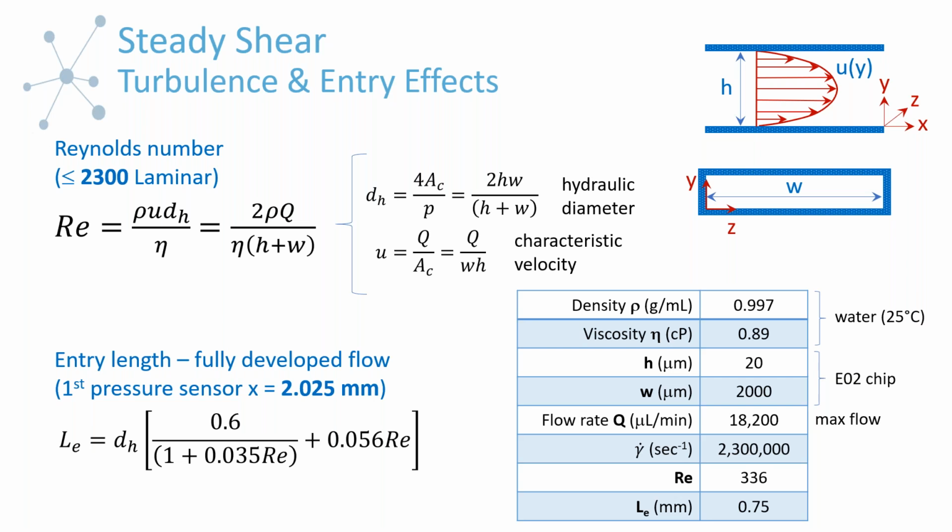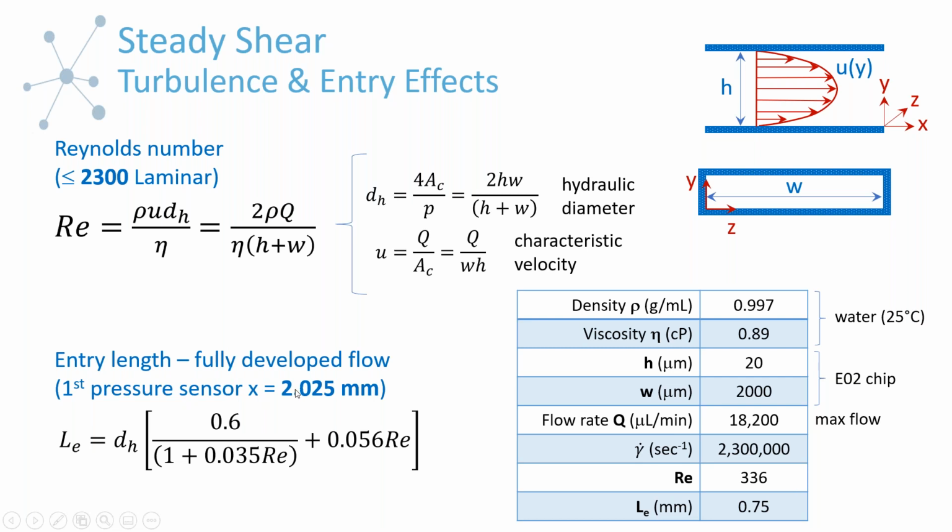And again, it's going to depend on what we refer to as the hydraulic diameter of the flow channel, and then also the Reynolds number. Hydraulic diameter is just defined as this for a rectangular geometry, just relating to the height and the width. And so what we see for this particular water example is that the entry length is going to be about 0.75 millimeters.